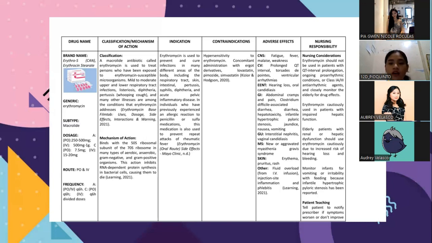In liver function, erythromycin should be used cautiously in patients with liver problems since the liver processes the medication. Elderly with both kidney and liver issues should be extra cautious as they face an increased risk of hearing loss and bleeding. And infants taking erythromycin should be monitored for vomiting and irritability with feeding, as it may link to a stomach condition.